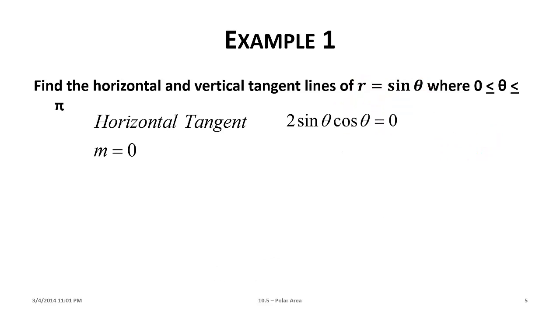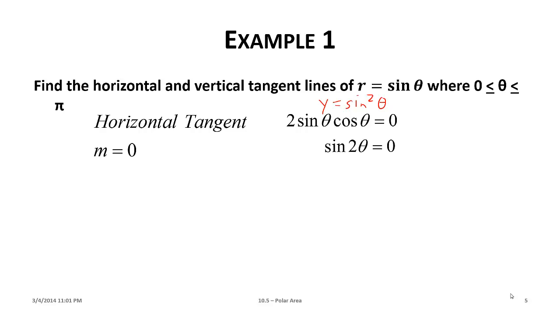And the horizontal tangent from here, as we apply to this equation here, horizontal tangent is your y. Your y is sine squared theta. So your dy is 2 sine theta cosine theta. And from that equation, if you remember your trig identities back in pre-cal, 2 sine theta cosine theta equals one of the identities, sine 2 theta.